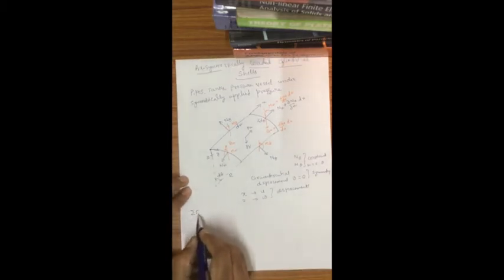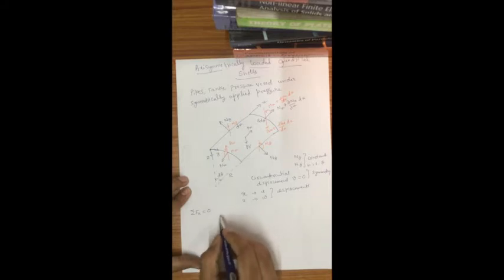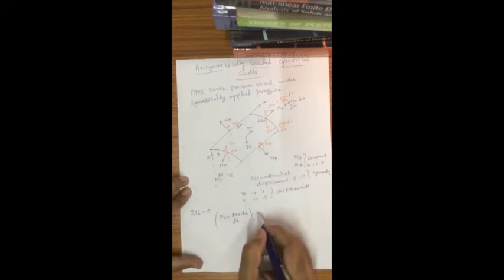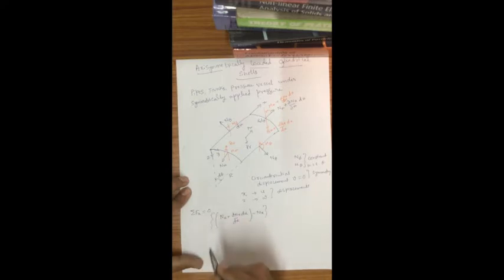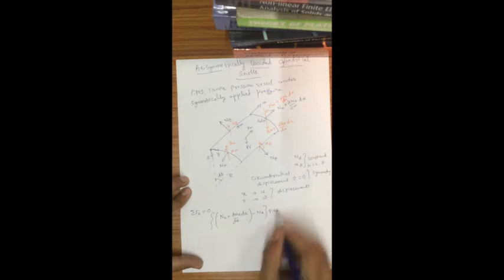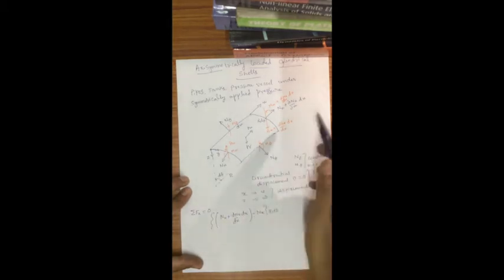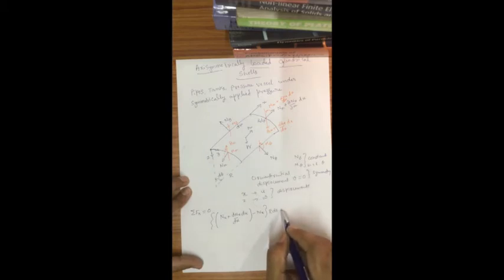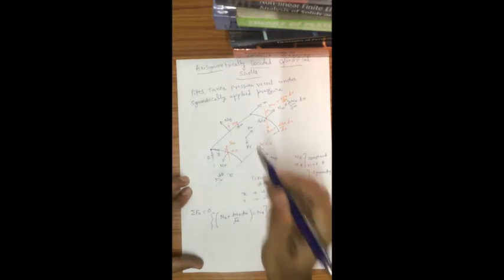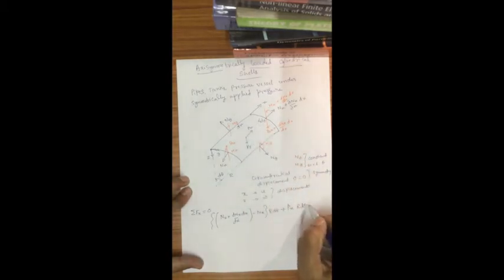Next, if you do the balancing of the forces along the x direction, sigma fx equal to 0, then I can get the equation as (nx plus dnx by dx minus nx) multiplied by r d theta along the x direction, and also I have plus px, this is the pressure, into r d theta dx.